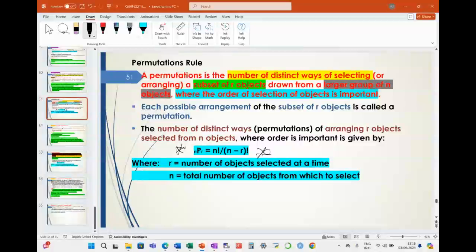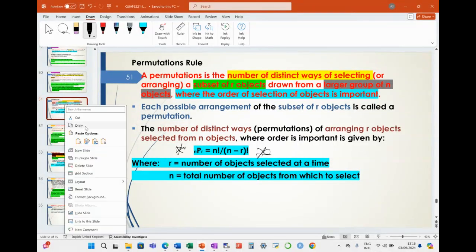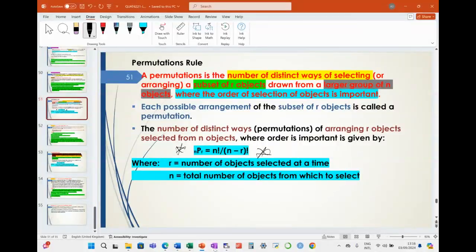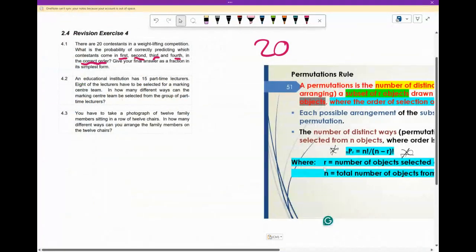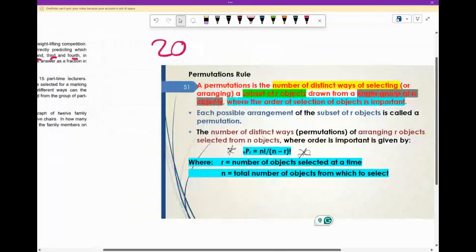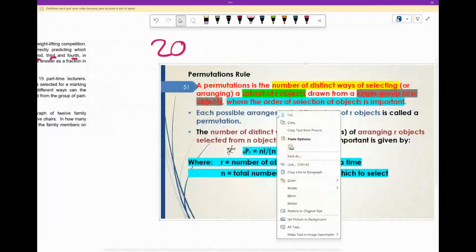So let me actually do this. Let me copy this slide, and then we take it to our question there. But then we don't want the whole slide. Let's crop. Can I crop? Shh, guys, we are still having class, right?